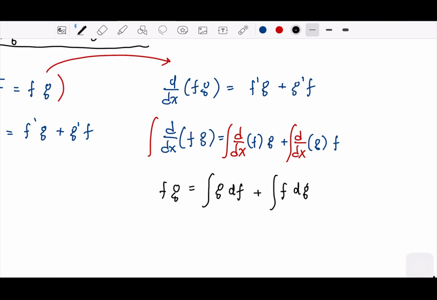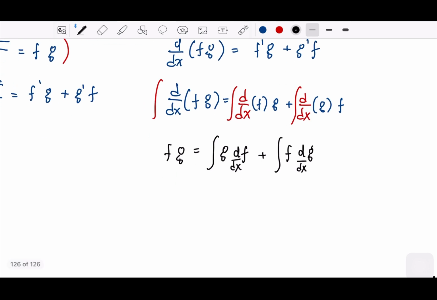Or if you want to write the dx, still okay, it's the same. Then we rearrange these formulations to become the integral of f dg equals fg minus the integral of g df.